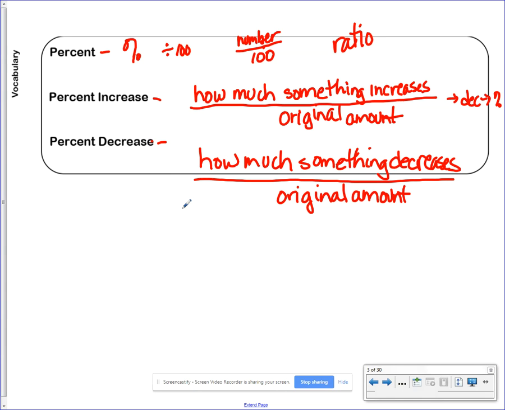Okay, so we've got a couple different ways and different scenarios with the type of questions that you're going to be asked to figure out today in your assignment.